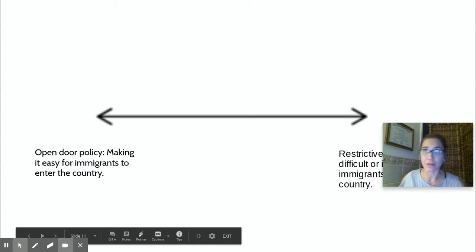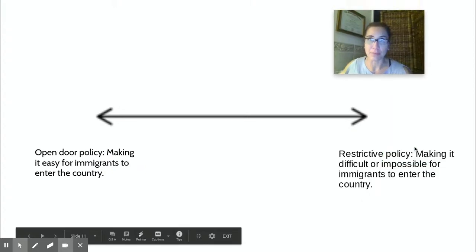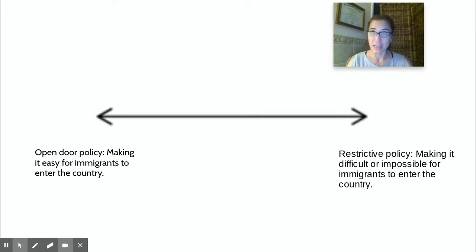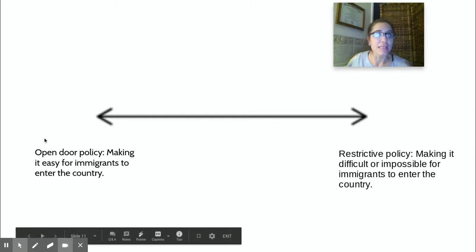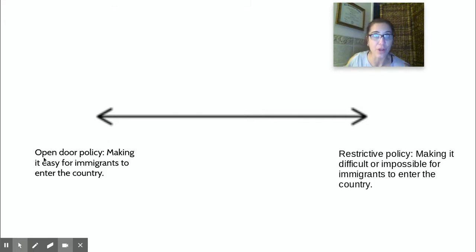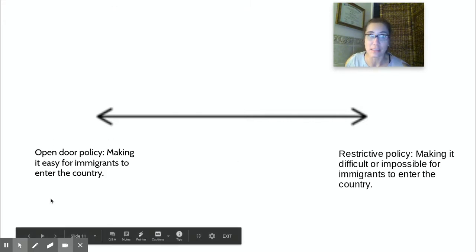As we consider immigration policy, we need to see and understand that there is a spectrum. It's not black and white, it's not either or, but a government might fall anywhere along this spectrum with regard to its policies.